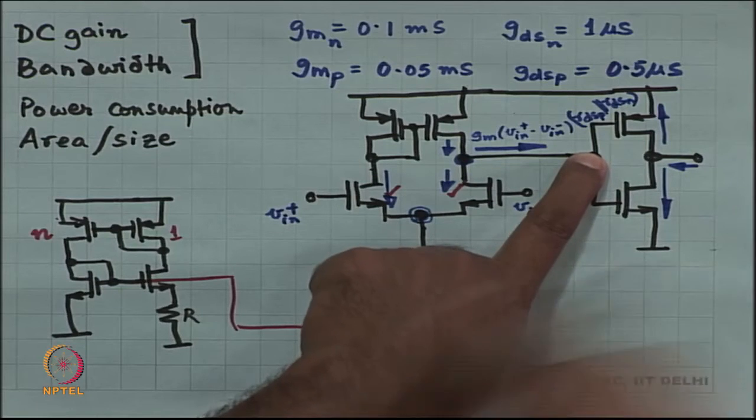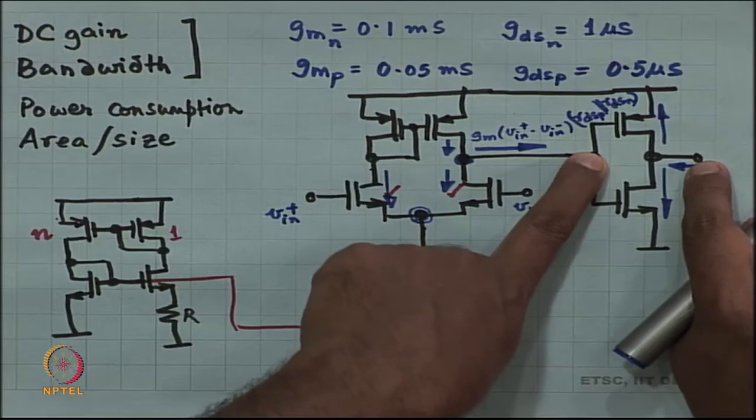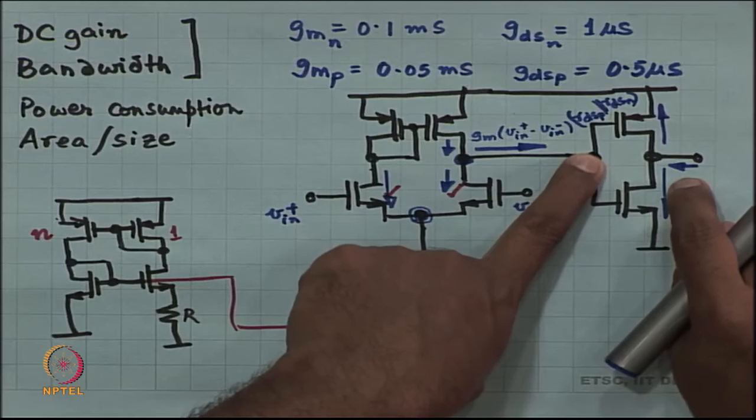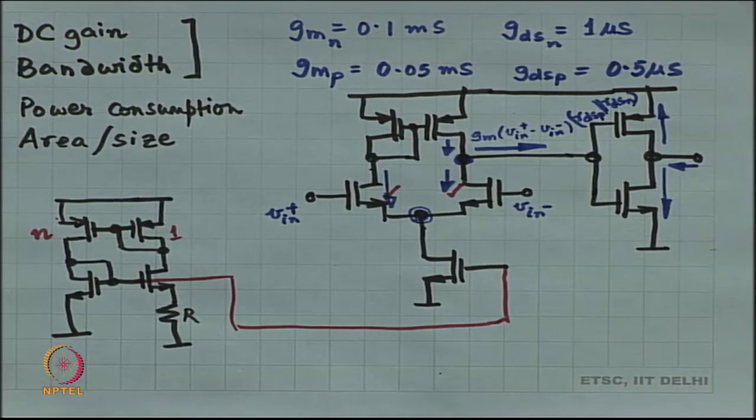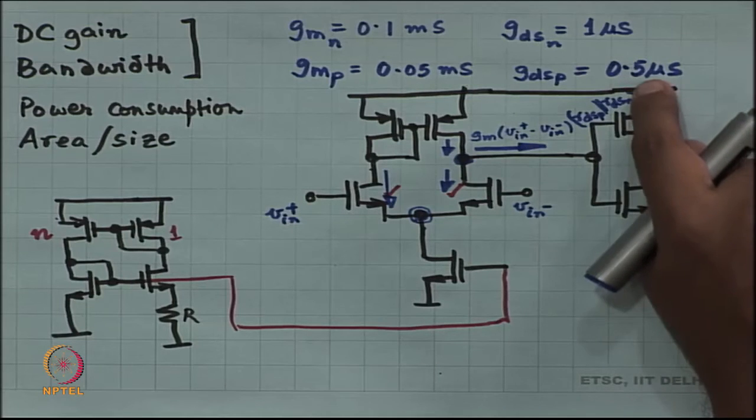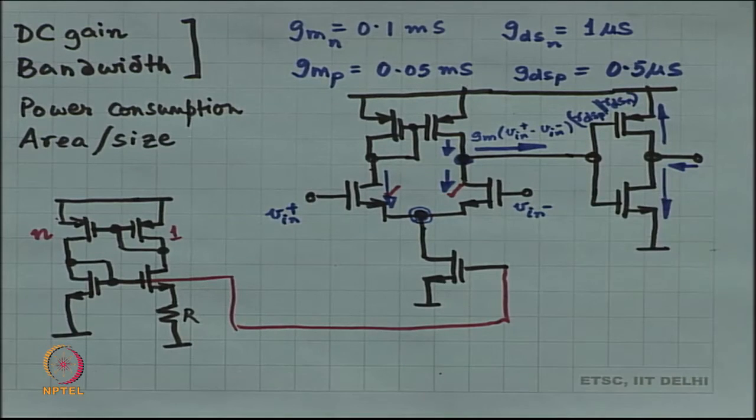All right. Now, again this is an empty node, current can't really be drawn. So, therefore, this is going to be multiplied by the output impedance of the circuit, which happens to be RDS of PMOS in parallel with RDS of NMOS.